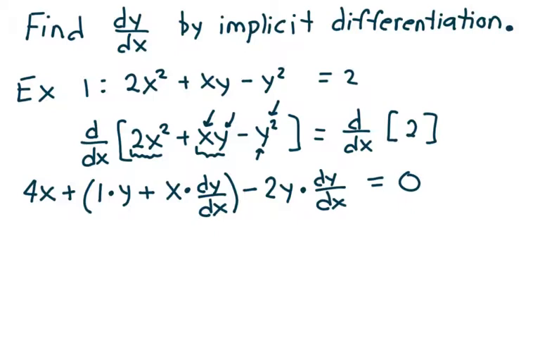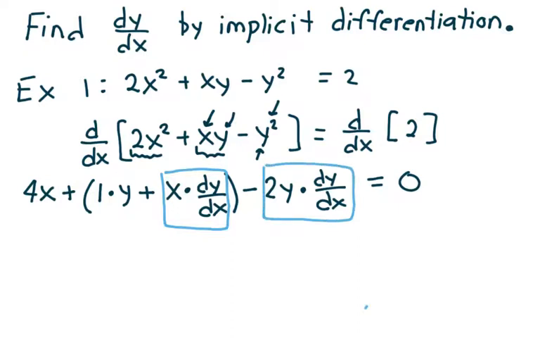And so what I want to do is isolate any term that has a dy dx on one side of the equation. So in other words, I'm going to isolate this term and this term. So we're going to leave that on one side of the equation.